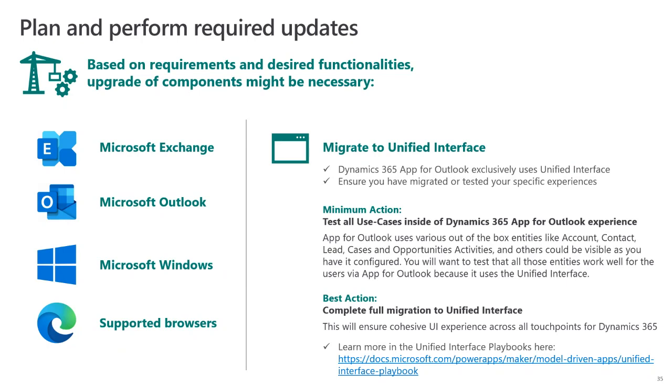The best action, of course, is to do a complete full migration to unified interface. This is, I think, mandatory this year for all customers, as the legacy web client will no longer be available after December 1st, 2020. We also have created a presentation and several playbooks that you can download at the links that we show here.